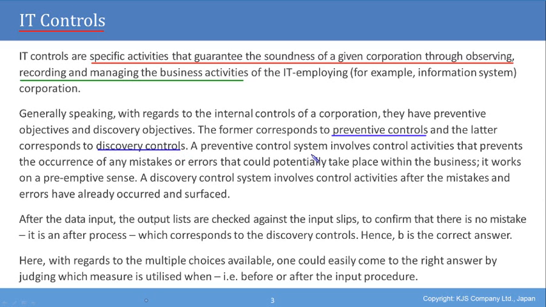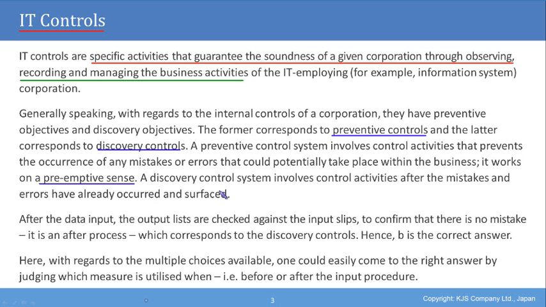A preventive control system involves control activities that prevent the occurrence of any mistakes or errors that could potentially take place within the business. It works in a preemptive sense. You are trying to see what's going to happen and try to prevent that from happening.